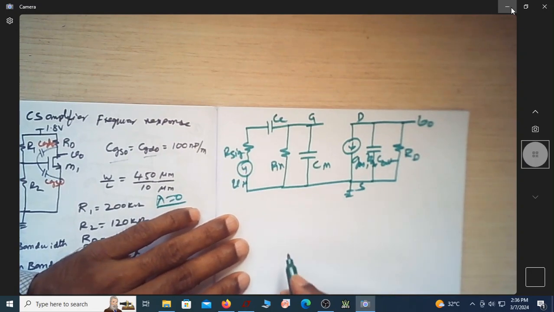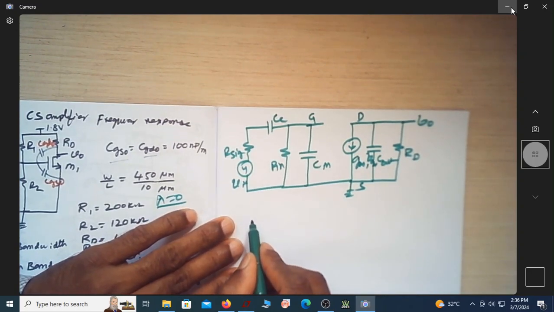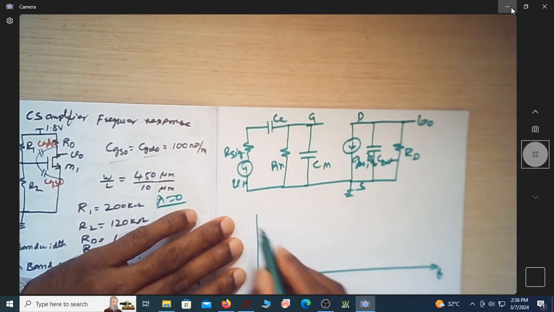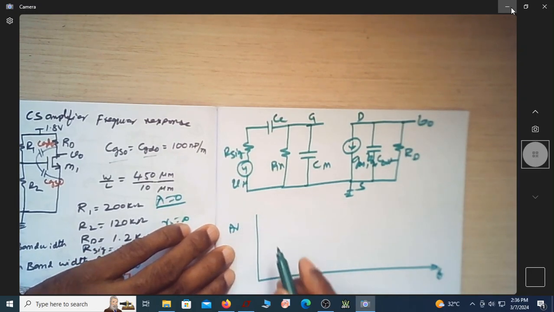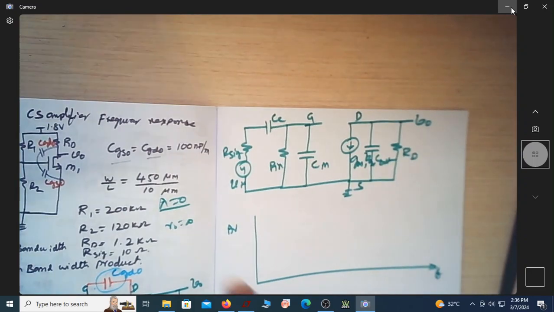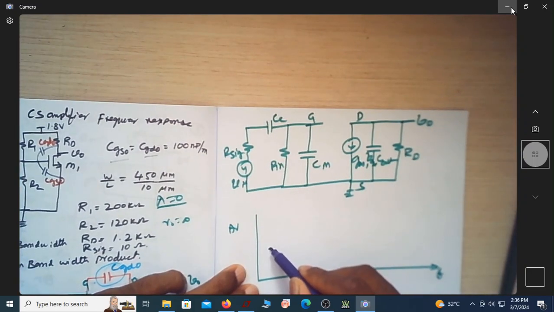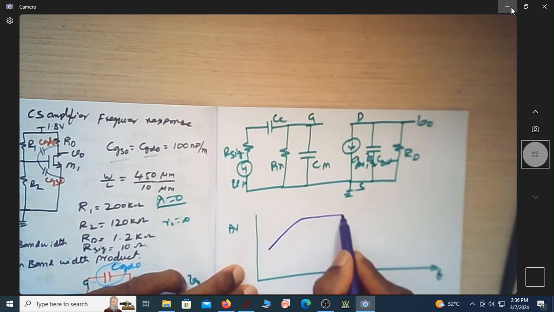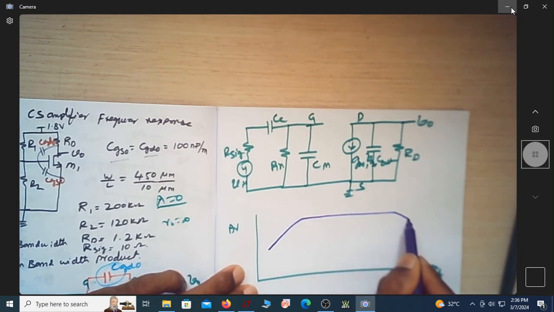So because of which we will have a frequency response which is something like this. This is the frequency, this is the gain, it keeps increasing. So this is how the gain is increasing, and then it becomes constant, and then it again comes down.